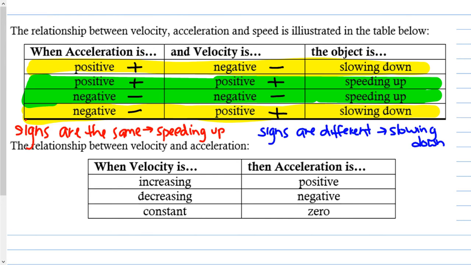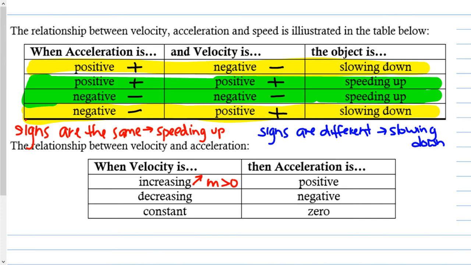Okay, so now the relationship between velocity and acceleration. If velocity is increasing, so if we're looking at a graph and our slope is positive, so our line is rising like that, or a slope is greater than 0, because numbers greater than 0 are positive, then the acceleration is going to be positive.